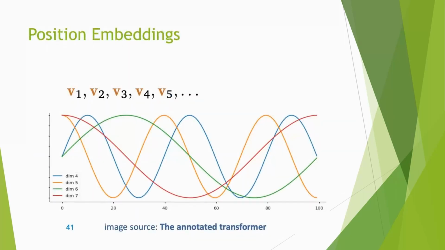And then here is one of the coolest inventions that I like about the transformers. It's the positioning encoding, which is assigning a simple sine or cosine wave to each letter or each word, which will retain its position within the sentence.